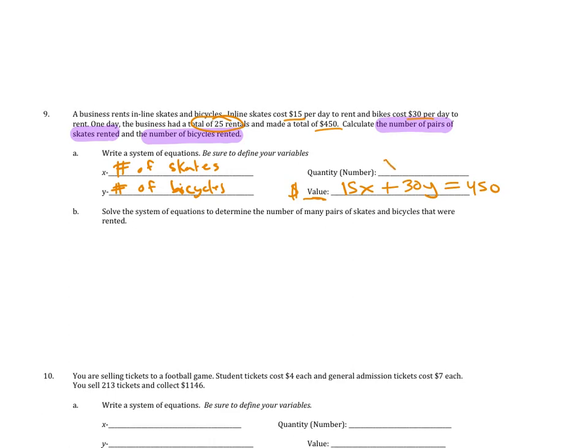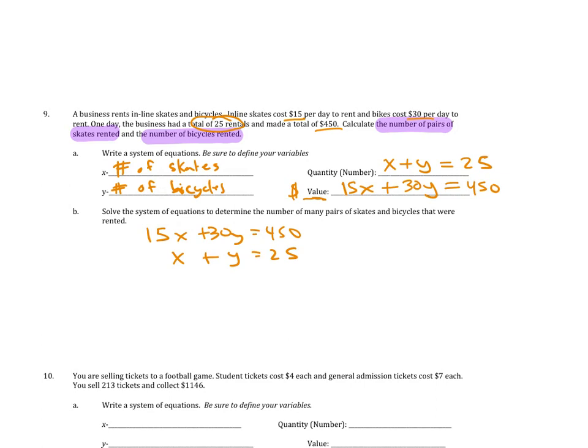So it's literally just x plus y equals 25. Okay, and so now I take my two equations, part B says to solve the system. So 15x plus 30y equals 450, x plus y equals 25.